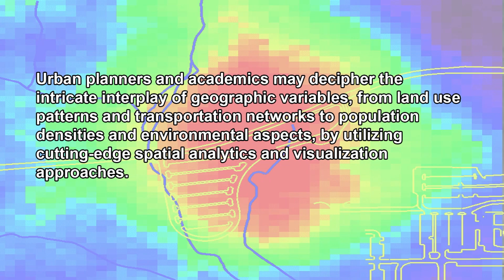Urban planners and academics may decipher the intricate interplay of geographic variables ranging from land use patterns and transportation networks to population densities and environmental aspects by utilizing cutting edge spatial analytics and visualization approaches.